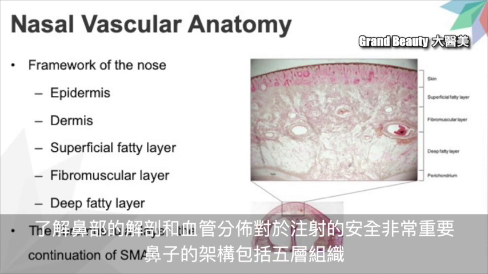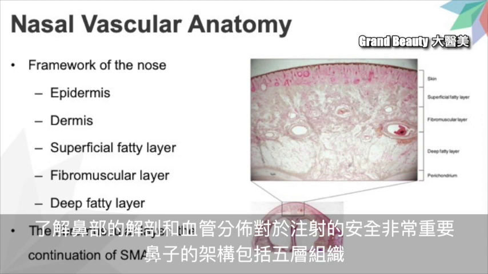An intimate knowledge of nasal anatomy is crucial to the safe practice of injection rhinoplasty. The framework of the nose consists of 5 layers of soft tissue overlying the perichondrium or periosteum, which are the epidermis, dermis, superficial fatty layer, fibromuscular layer, and the deep fatty layer.